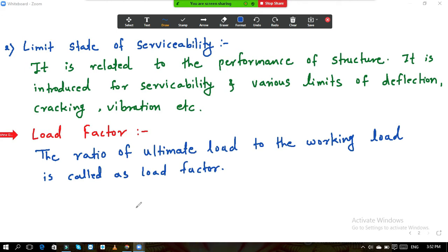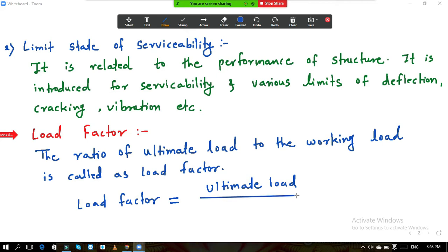So if you write it in mathematical form, then load factor is equal to the ratio of ultimate load divided by working load.